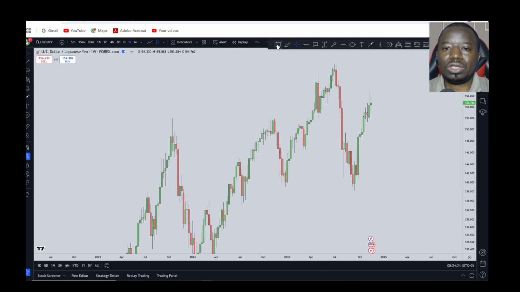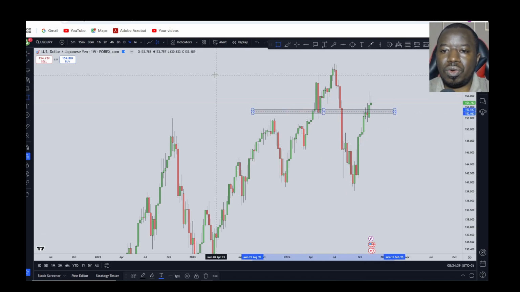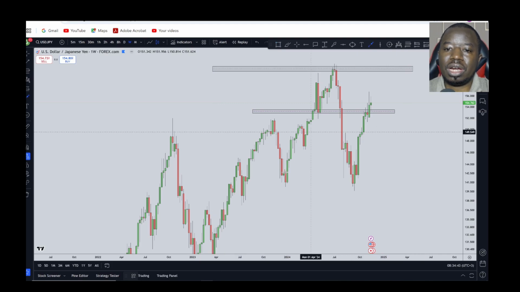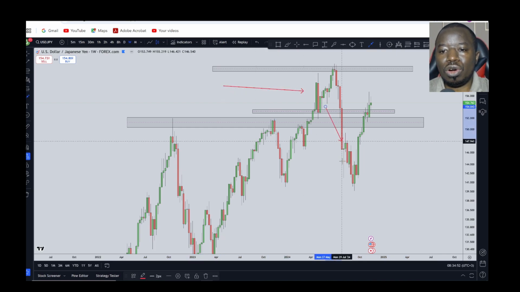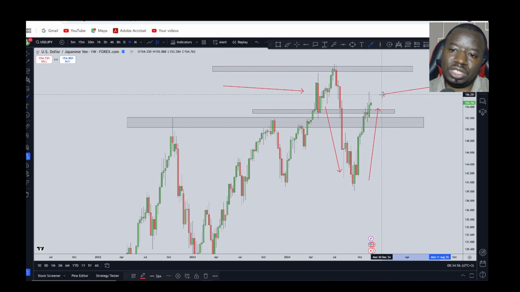You'll also notice on this weekly time frame that price had created this range just after breaking above this resistance area. After breaking below it to the downside, price has now broken back into this range, and so we expect price to move up to fill this range to the upside.